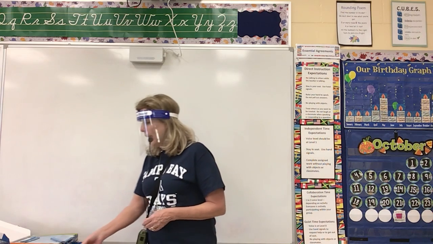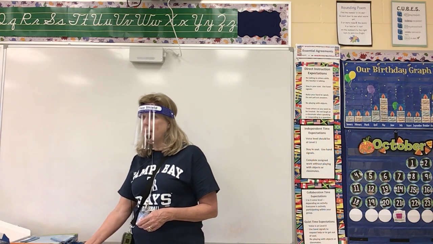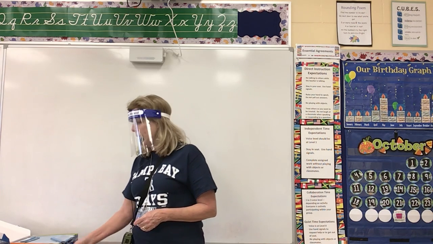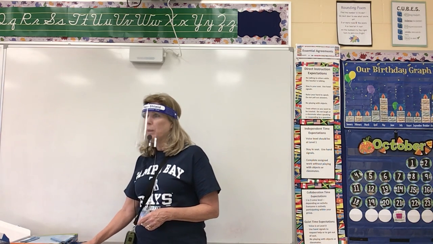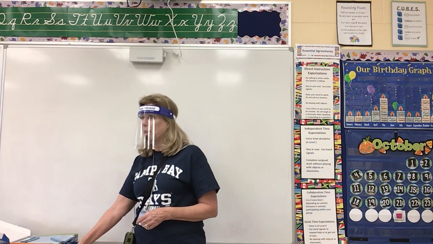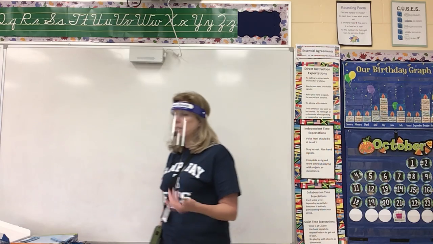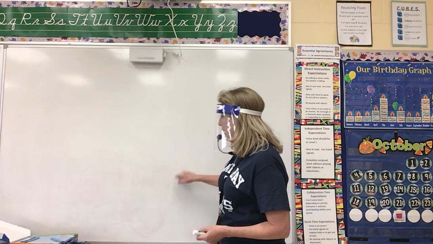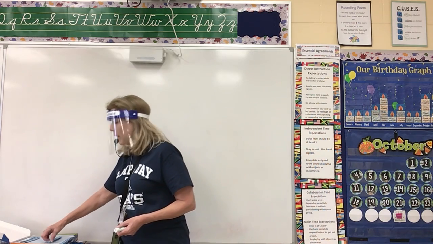So they have 2 groups of 10, and 2 groups of 10 equal how much? 20, plus your remaining ones that did not fit in a group of 10. How many were left over? 4. So that would be 24. That's the same thing as using our base 10.